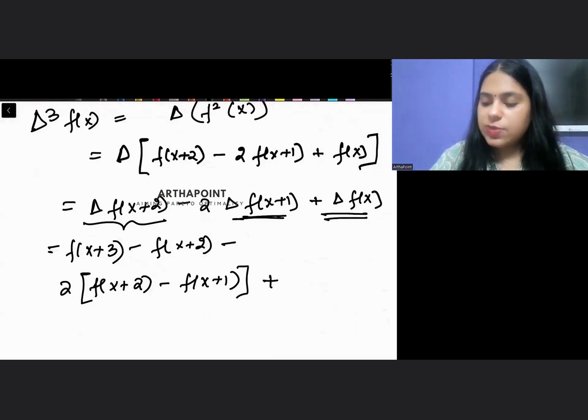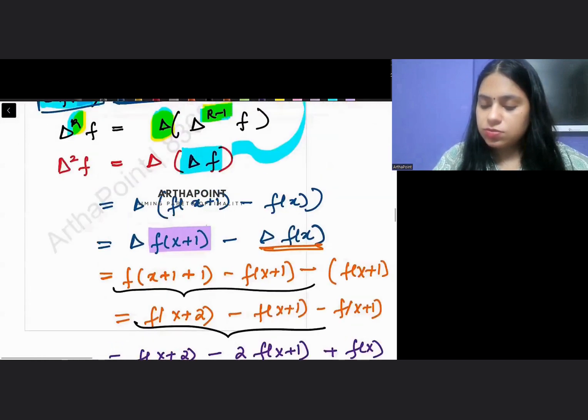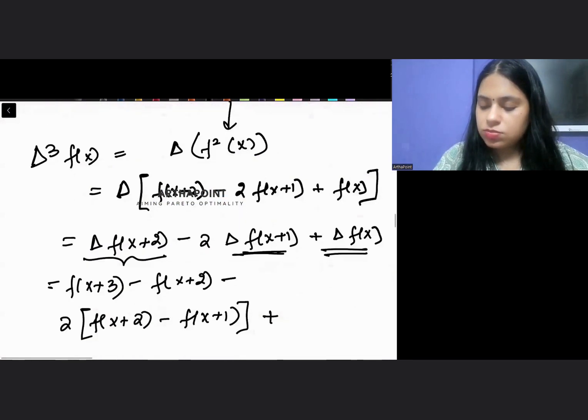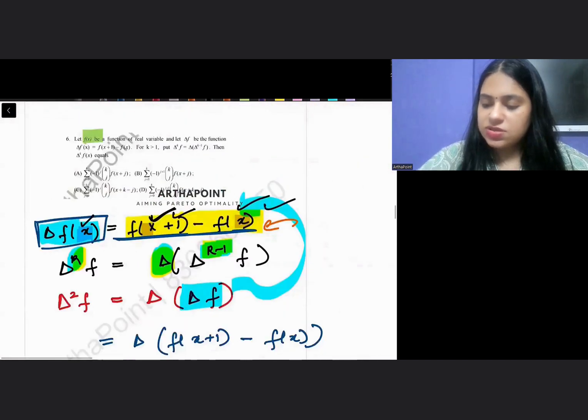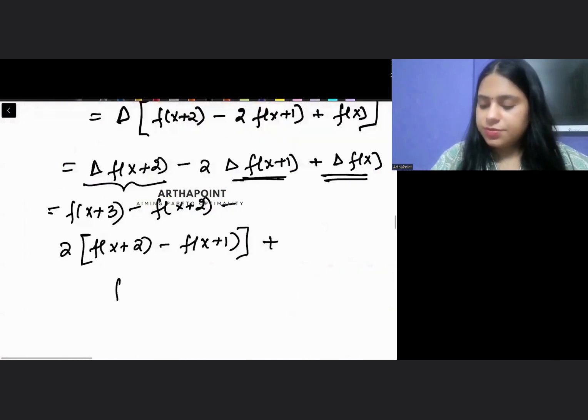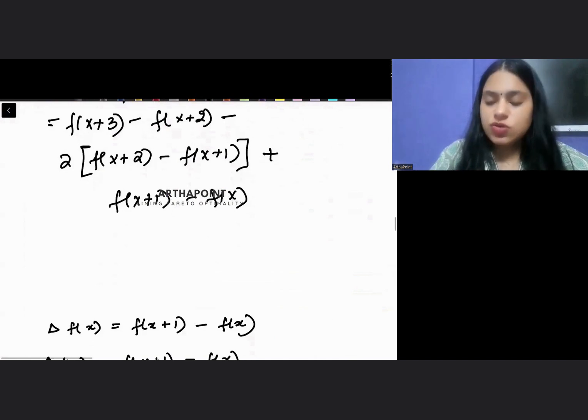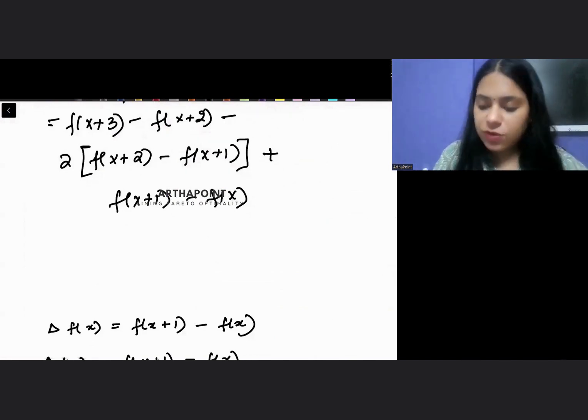Plus, I will put this value. This value I already know, which is this. Right? So if I solve this, what will I get?